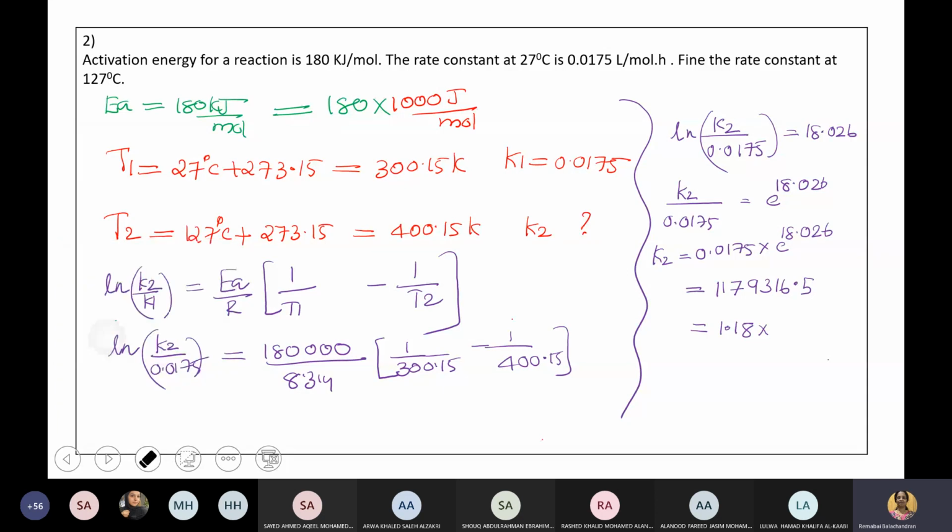So there is no problem. 1, 2, 3, 4, 5, 6. Unit, the same unit. What is the unit? Liter per mole per hour.